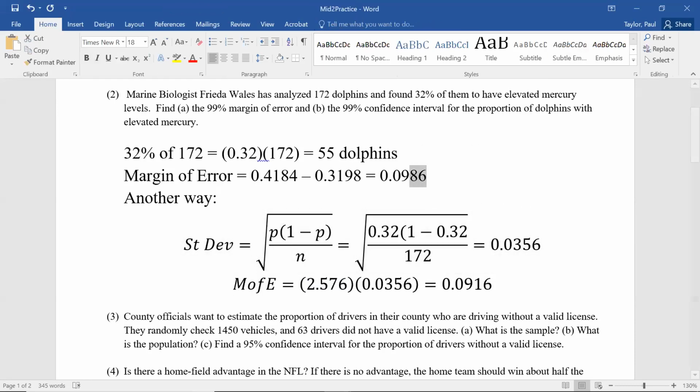The 986 is using the more accurate method of the binomial distribution, the exact method in Minitab. Either is fine. This one's just a little bit better. They're all just approximations anyway. Okay, so that's enough for this question.